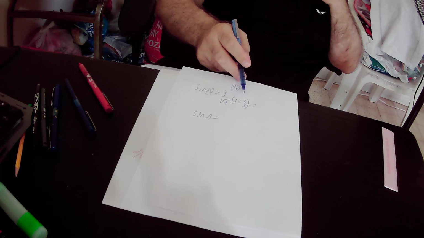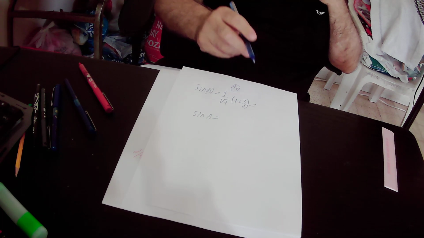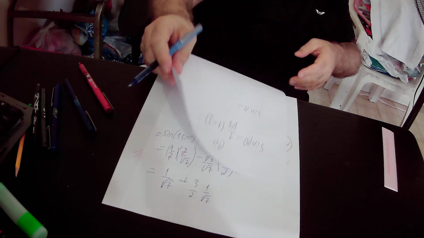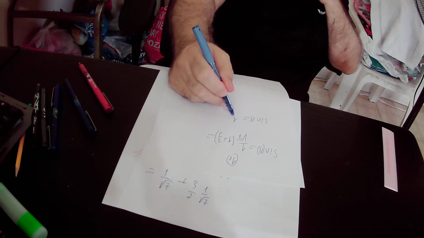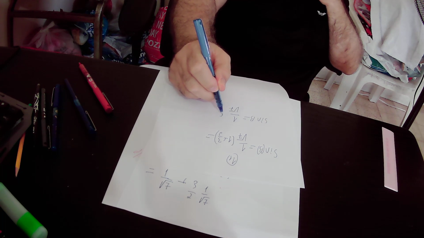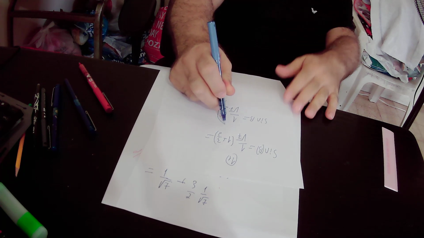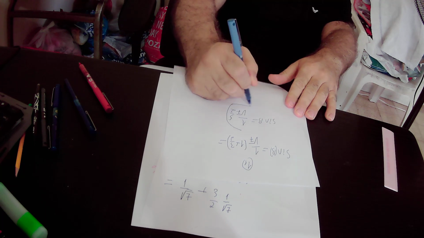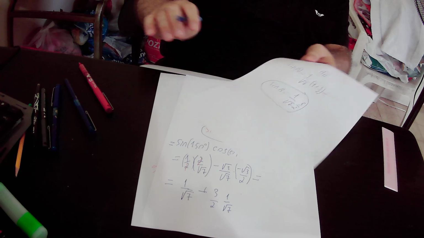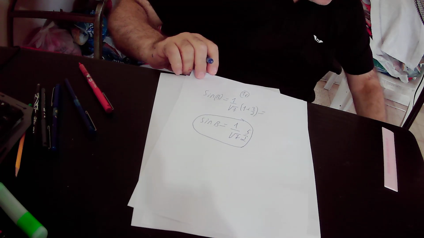This expression equals 5 over 2. So I write it down: the value of sine beta is 1 over root 7 times 5 over 2. So we found the value of sine beta.